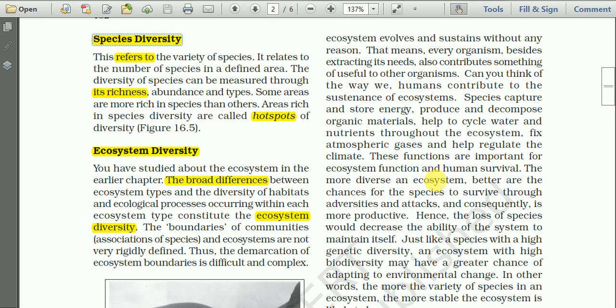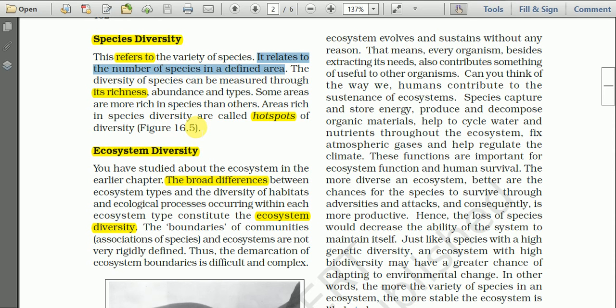And species diversity refers to the variety of species, to different types of species, and it relates to the number of species in a defined area. How many types of species are there in a particular area? That is known as species diversity.